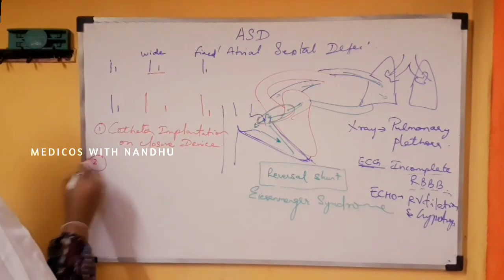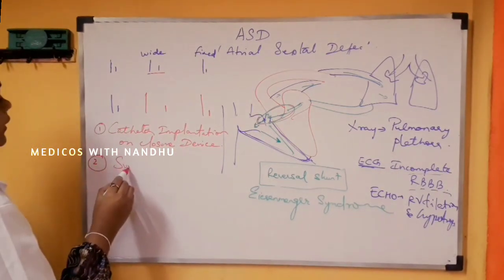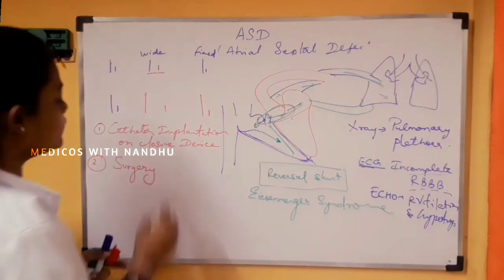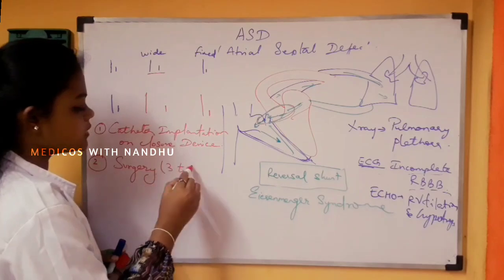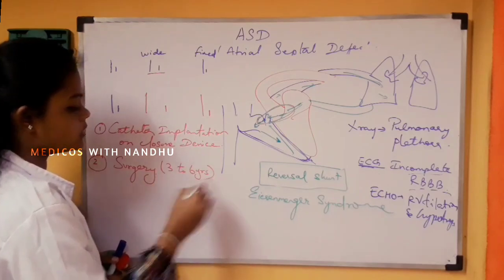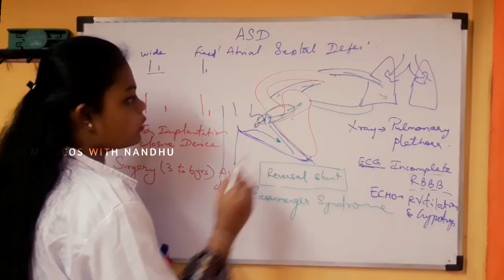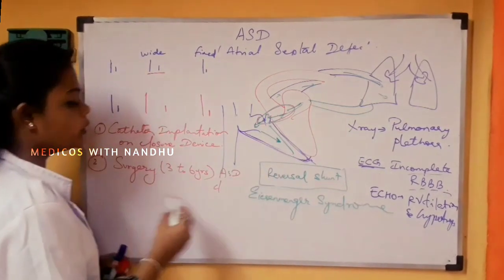The second is surgical: in children from 3 to 6 years, ASD closure can be done. We can close this shunt by doing surgery.